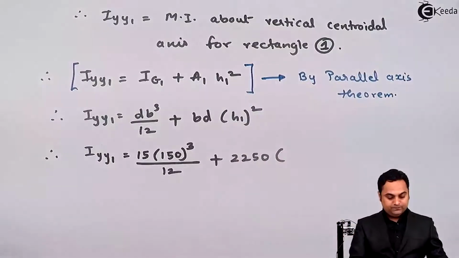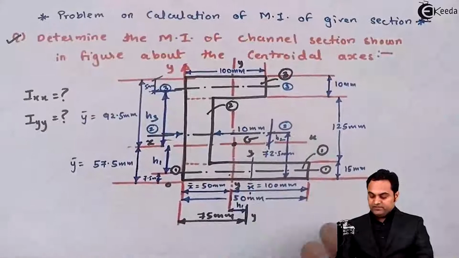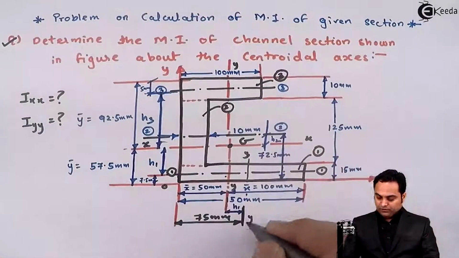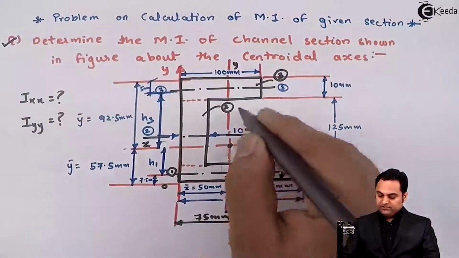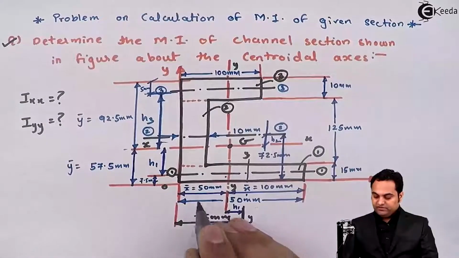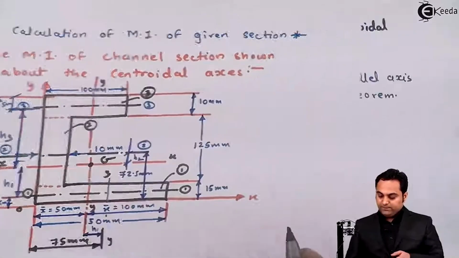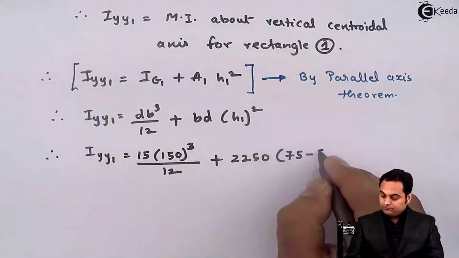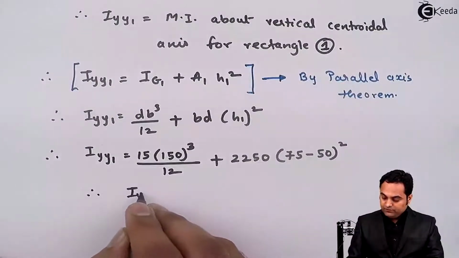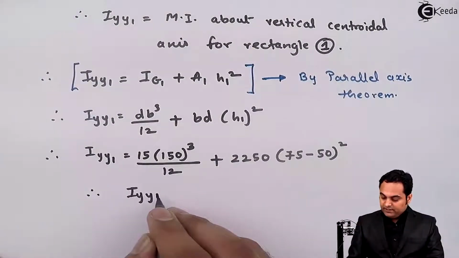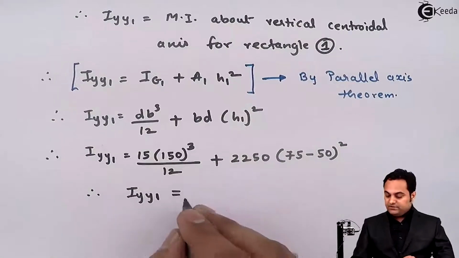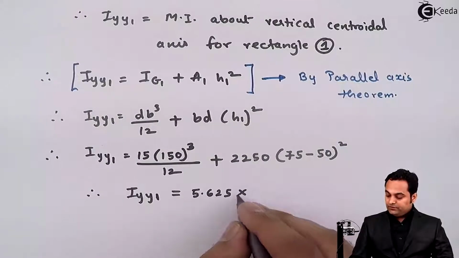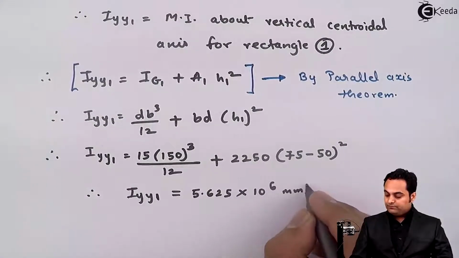Now h1 is the distance, as I have explained, between the y-axis of rectangle 1 and the y-axis of the complete section. So it is 75 minus 50 because we want this distance as h1. So from this we will get Iyy1, and the answer is 5.625 into 10 raised to 6 mm raised to 4.